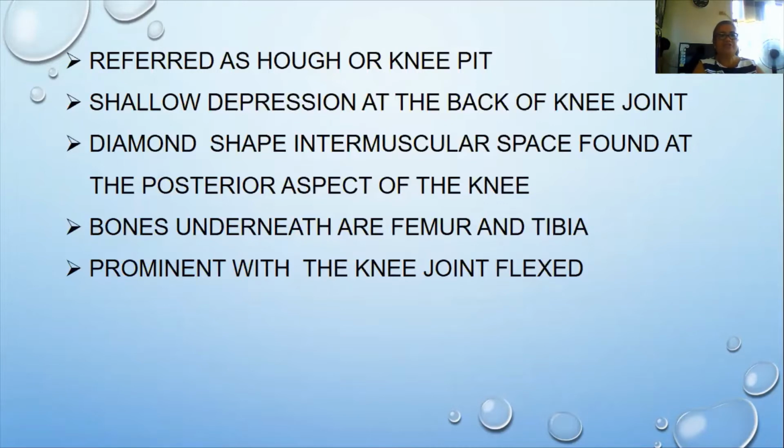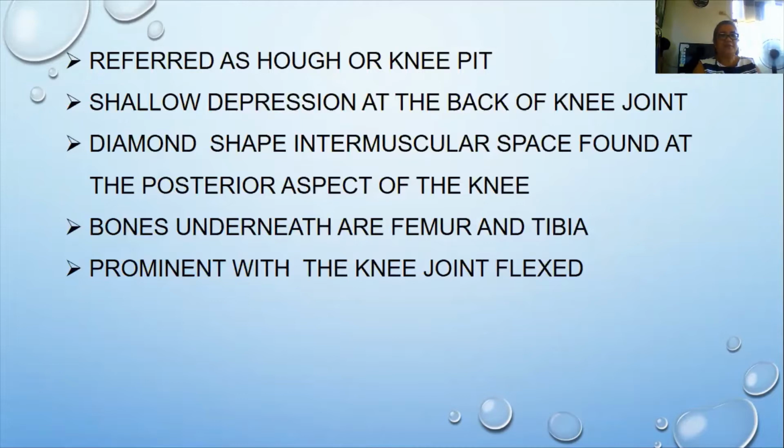Now this is a shallow depression at the back of the knee joint, and the shape is particular. It is diamond shaped, and it is found in the posterior aspect of the knee. The bones underneath are the femur and tibia, which are the two long bones of your lower extremities.